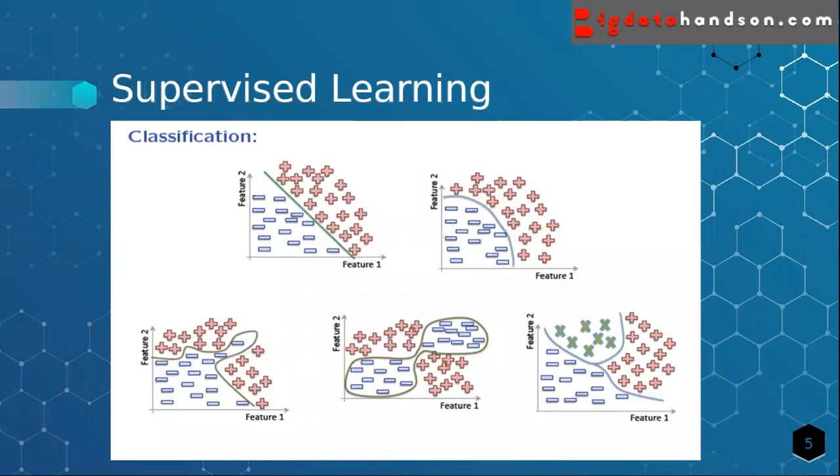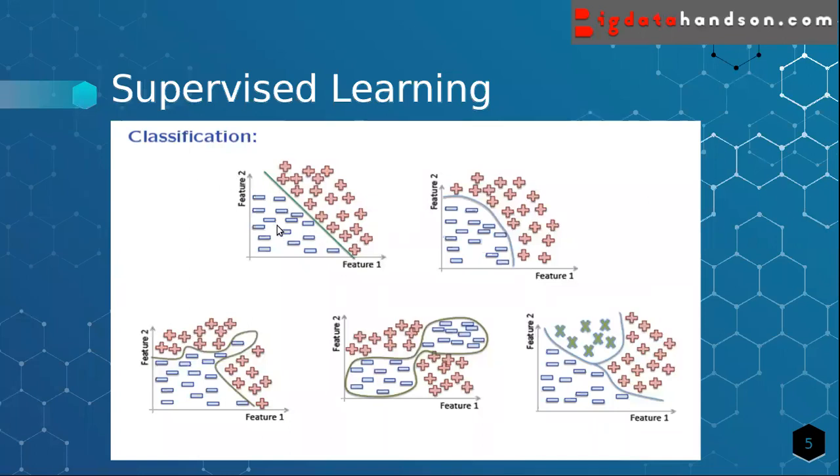When the outcome is categorical, you need to go for classification algorithms. In supervised learning, the two major parts are classification and regression. In classification we have many algorithms, and for regression we have many algorithms. So first we need to choose whether it is regression or classification, based on the outcome.